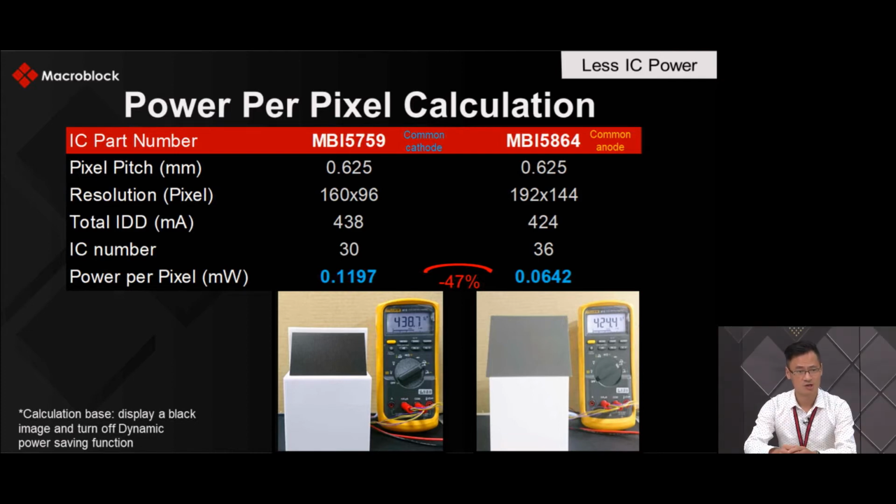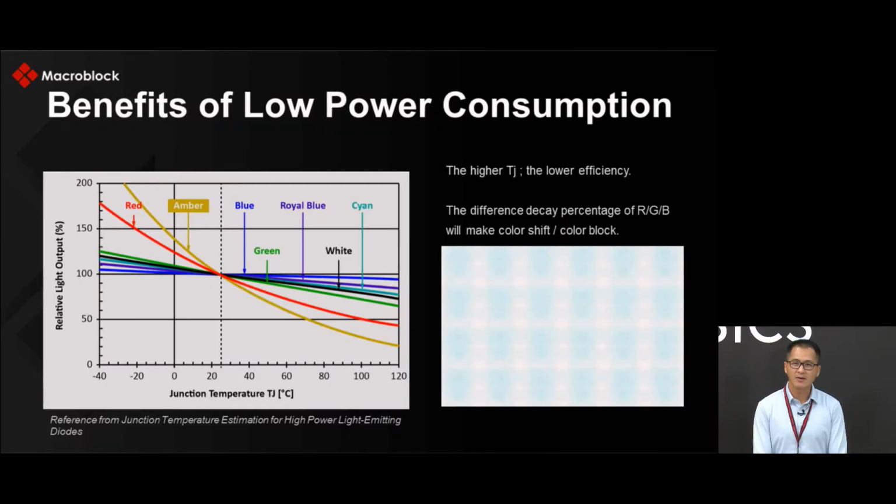Wow. We all know that reducing power consumption can save energy, save money, and save the world. But there are a lot more benefits of low power technology than you thought. Yes, there's a chart on the left-hand side to point out the relation between LED junction temperature and LED light efficiency.